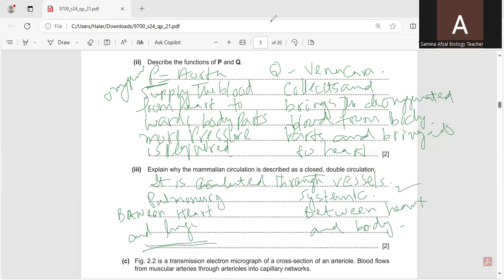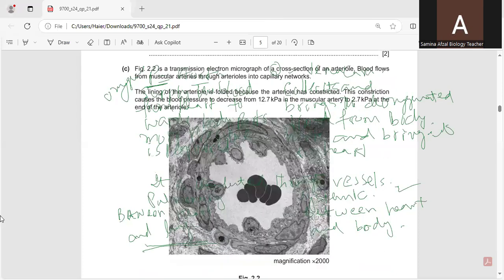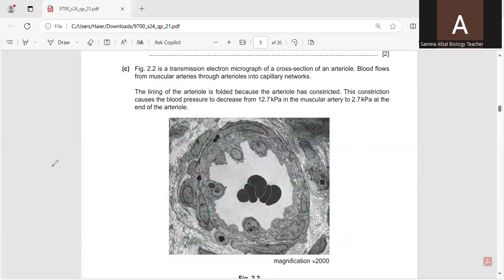Now the next question is, you can see our diagram over here. Figure 2.1 is a transmission electron micrograph of a cross section of an arteriole. Blood flows from muscular arteries through arterioles into capillary networks. The lining of the arterioles is folded because the arteriole has constricted.